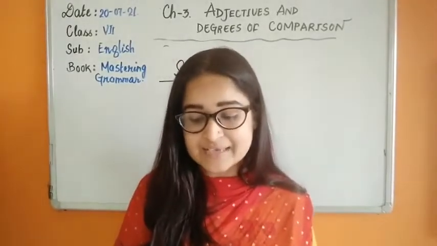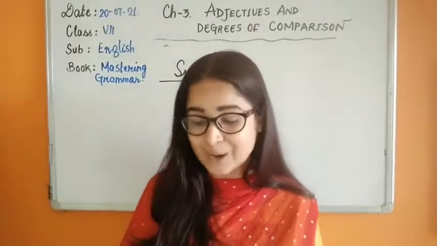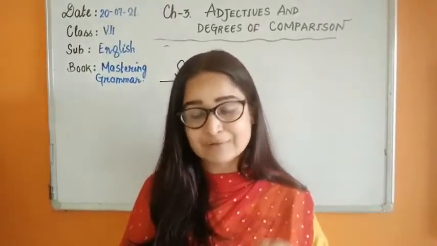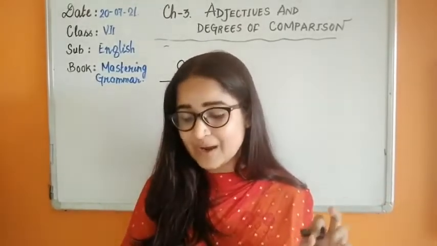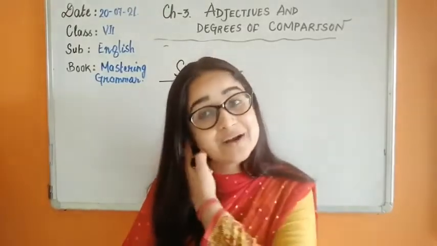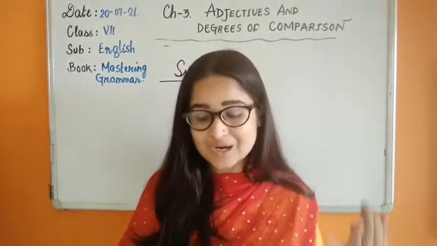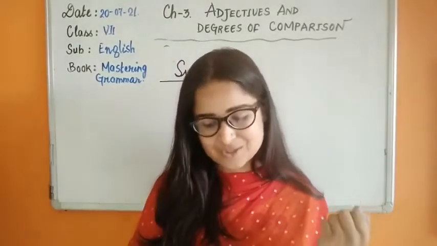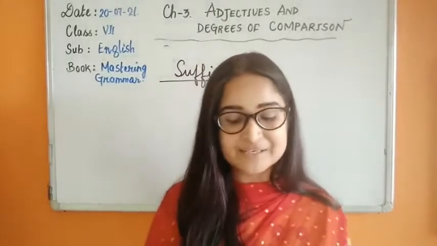Adjectives can be formed by adding suffixes. What are the suffixes which we can add to nouns? F-U-L, ful; O-U-S, ous; L-Y, ly; E, and Y; then A-B-L-E, able, and so on. There are lots of suffixes that can be added to make an adjective. Okay children, now let us look at some examples.